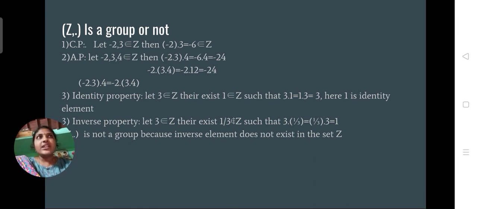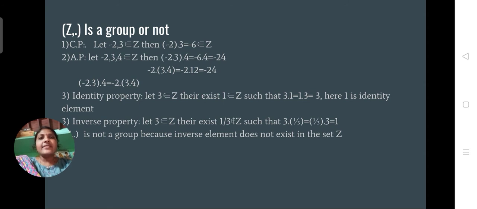So finally we conclude that 0 is the identity element under addition, 1 is the identity element under multiplication, minus a is the additive inverse, and 1 by a, or a inverse, or a power of minus 1, is the multiplicative inverse of a.